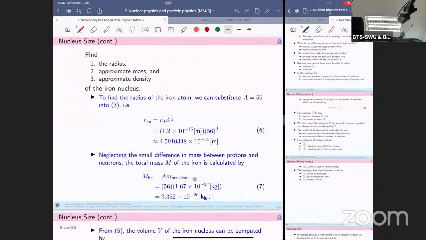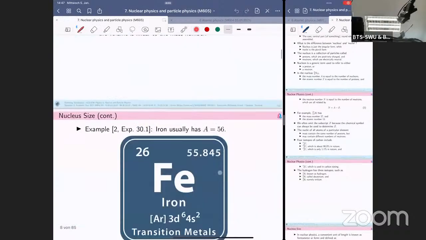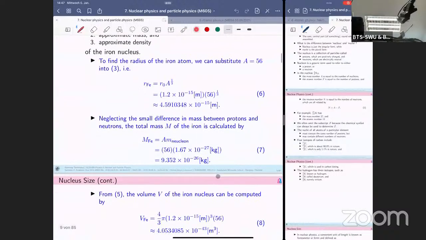Mass is the product of the atomic mass, the number of nucleons, times the mass of a nucleon. Let's say the mass of a nucleon is equal to 1.67 times 10⁻²⁷ kilogram, that's the mass of the nucleon in the general situation.